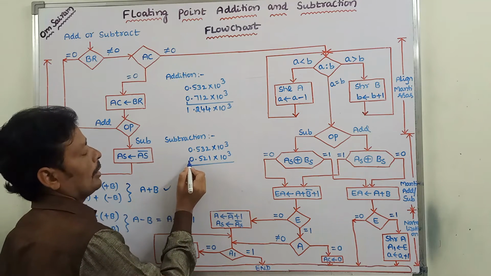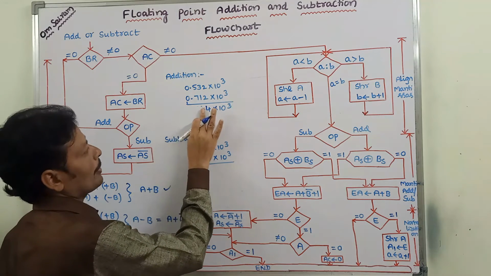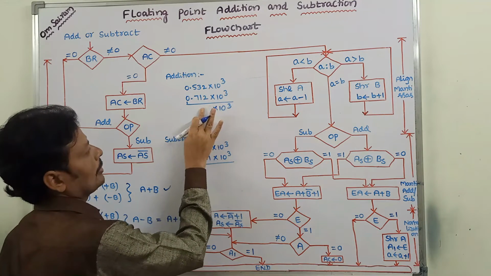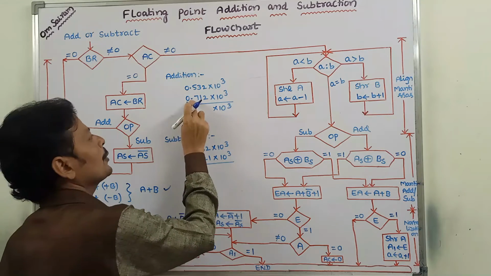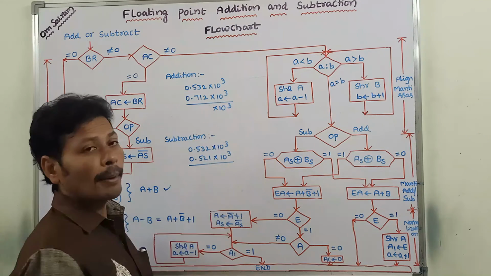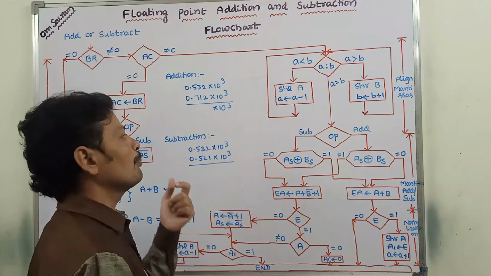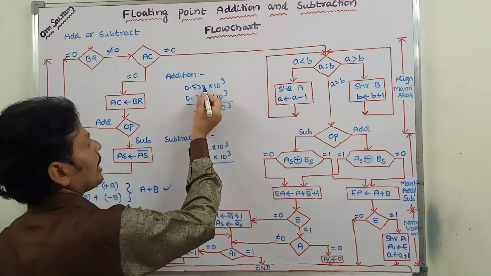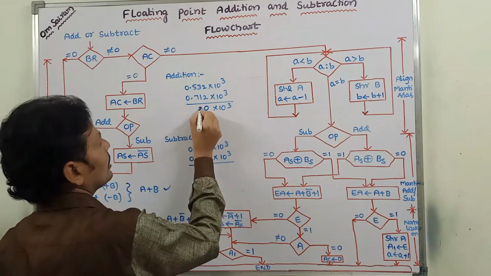Suppose we are performing the subtraction operation. For performing the subtraction operation, we have to find the 1's complement plus 1. After performing that, simply we are performing the subtraction. 2 minus 2, 0. 3 minus 1, 2.